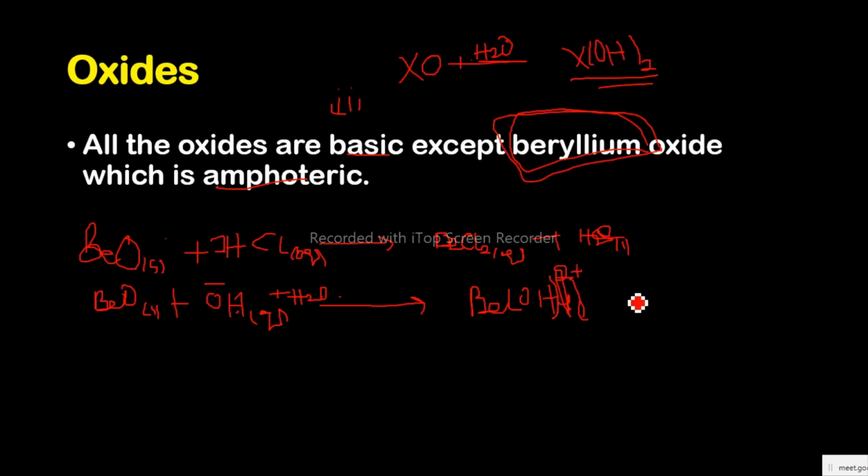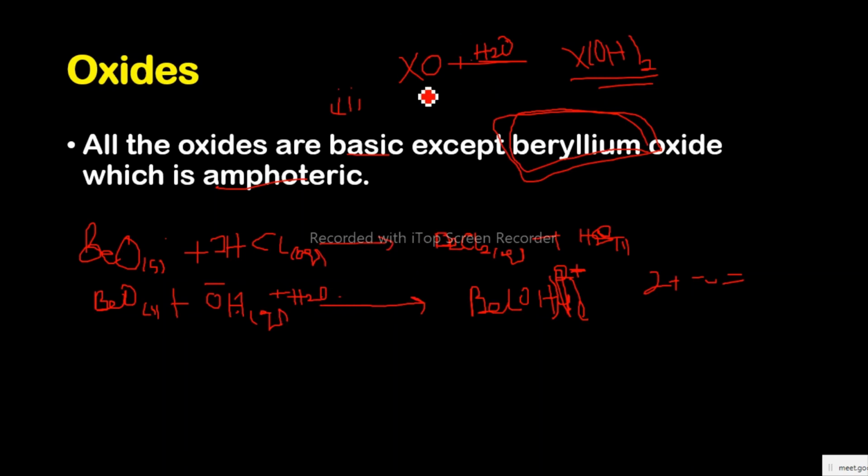Let's calculate the oxidation state. This one will be 2 plus negative 4. If it goes this side, it becomes a plus, so this is 2 minus. So it is as simple as this. Because it is reacting with both an acid and a base, we call it an amphoteric oxide.